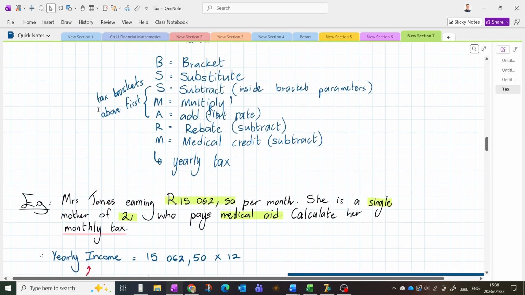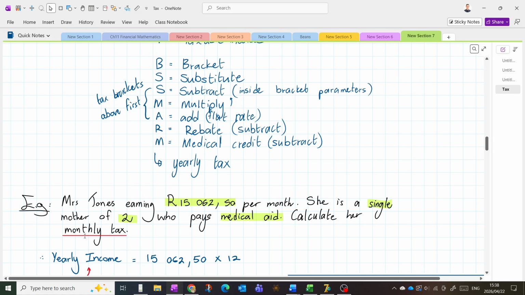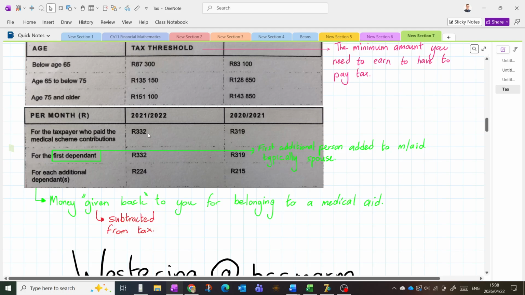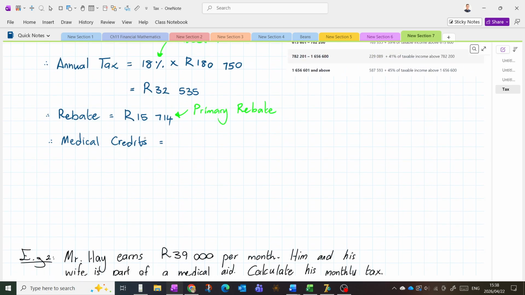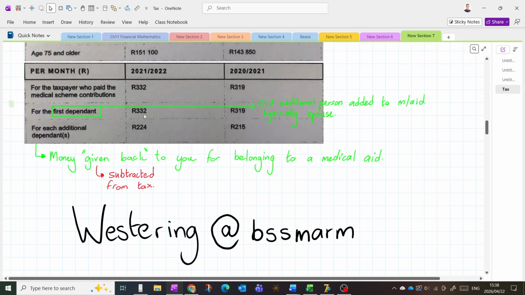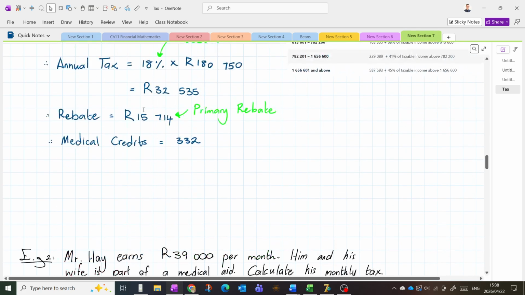Okay, let's see. She is a single mother with 2 kids. So like I said already, she is single. So that means the first kid will take the first dependent's place, and then the second child will be an additional dependent. So she's going to get 332 Rand for herself. Then for her first dependent, she gets the same.